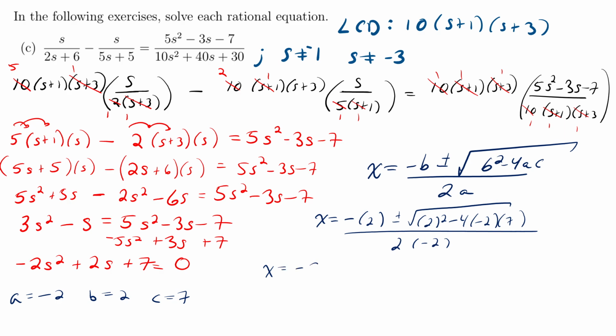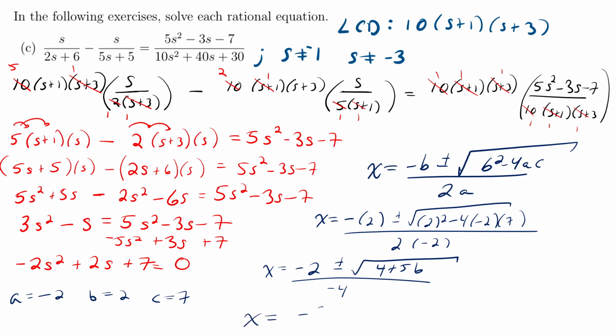So x is going to equal negative 2 plus or minus the square root of 2 squared, so 4, 4 times 7 times 2, 56, right? So this is going to be 4 plus 56 over negative 4.